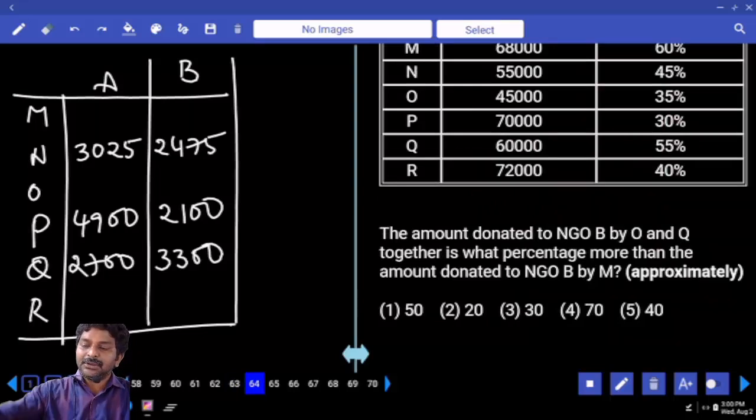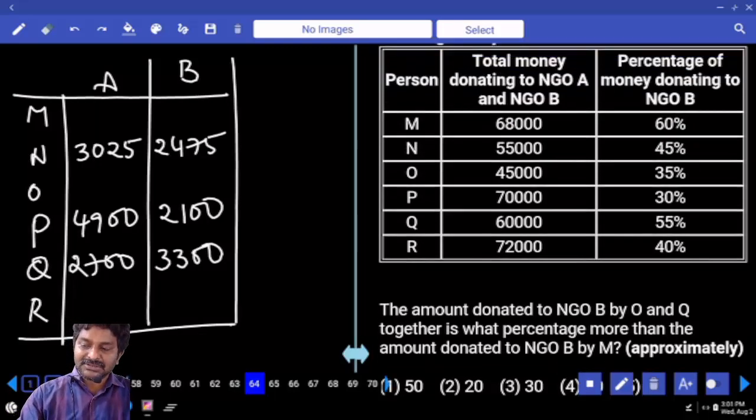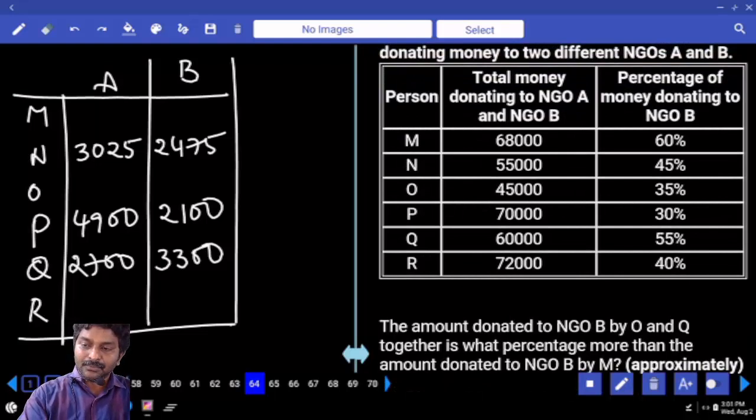Total amount donated to NGO B by O and Q together is what percent more than the amount donated to NGO B by M? Okay. So now we need to get O values and then M values also. O, 35%.